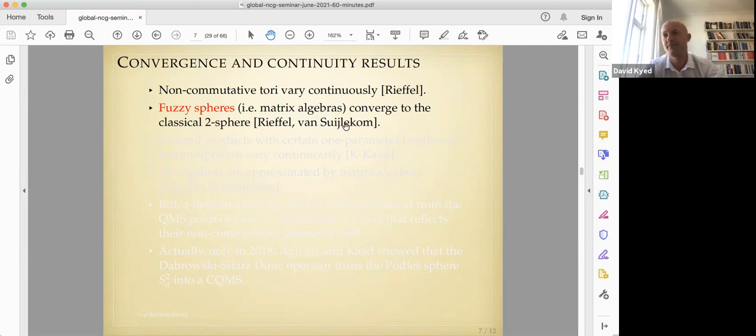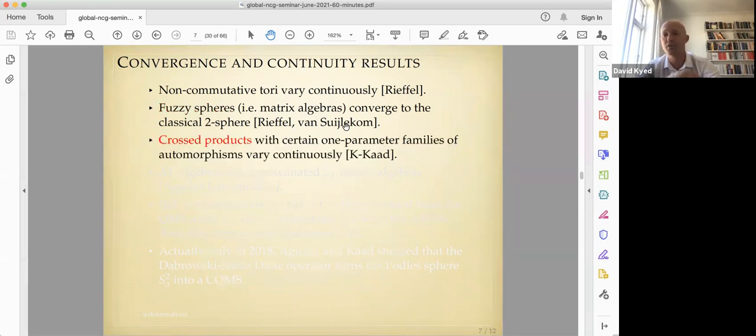Physicists tend to approximate the classical two-sphere with matrix algebras, and Rieffel's convergence result here, which is highly non-trivial, shows that this intuitive approximation can be made rigorous in the sense of convergence in the quantum Gromov-Hausdorff distance.